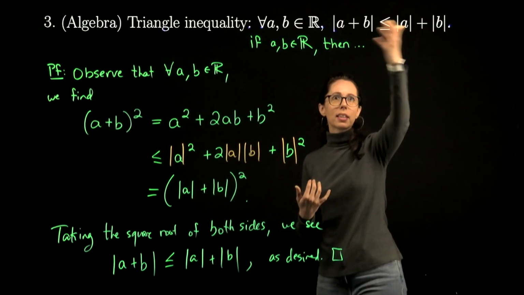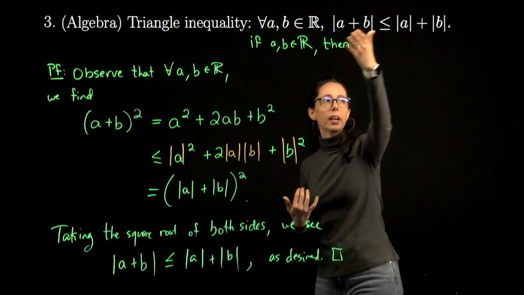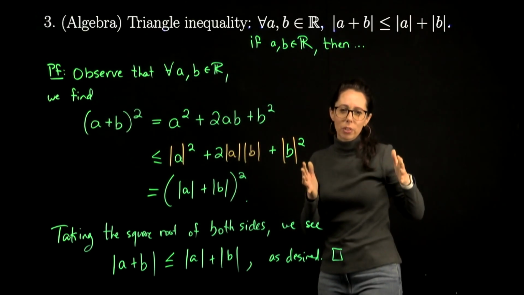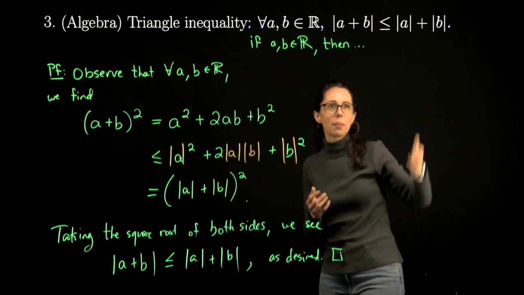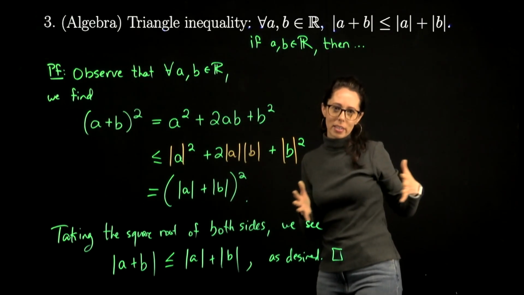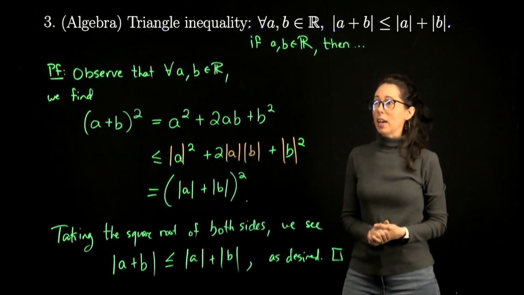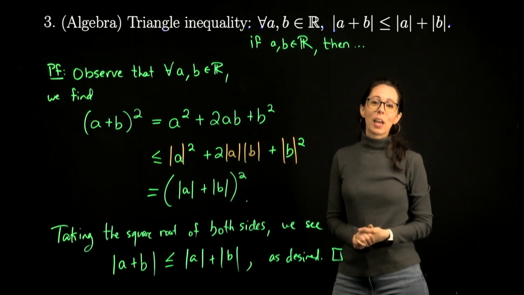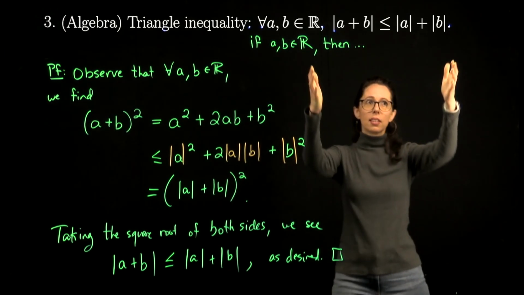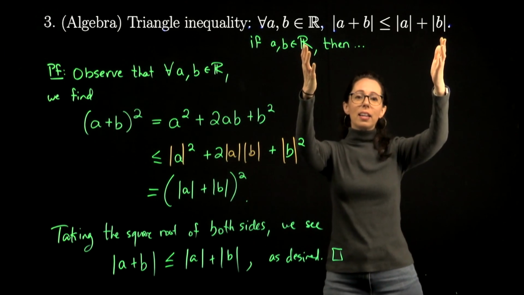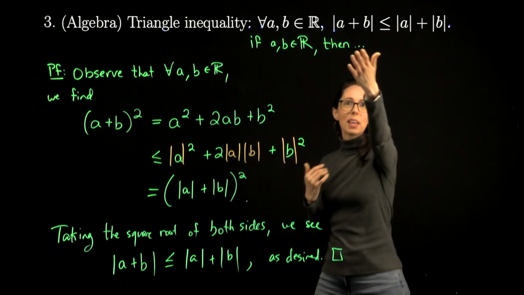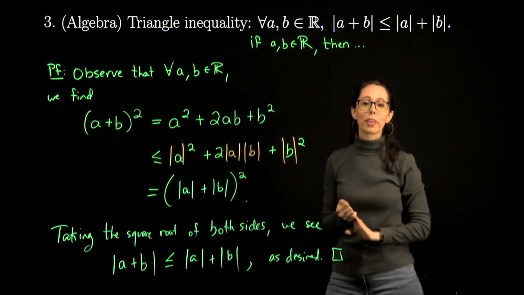So we often make this kind of replacement where we'll start here and we'll move here. And again, if we're trying to understand size and how big something is, this inequality can give us a way to understand size. So that's why the triangle inequality is so important and why we see it a lot, because it gives us a sense of size and how to estimate one size in terms of the sum of two others.